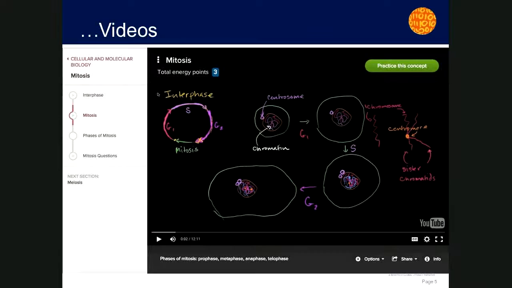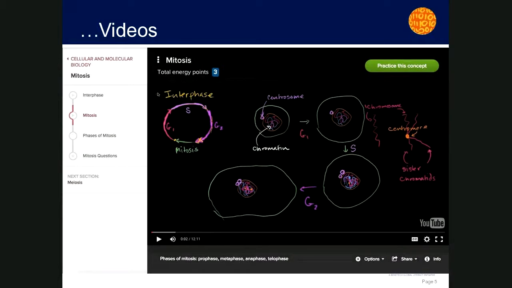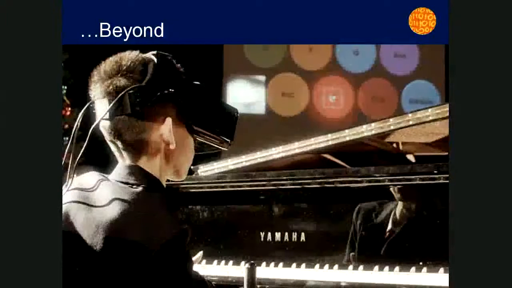Here are just a few places where different types of content need to be made available. Especially in the digital world, we have more and more videos, and more interactive simulations and games, particularly with online education testing. There's a whole host of content beyond what we know today.